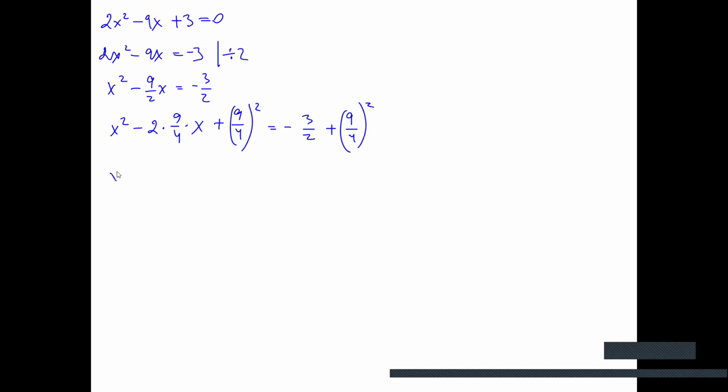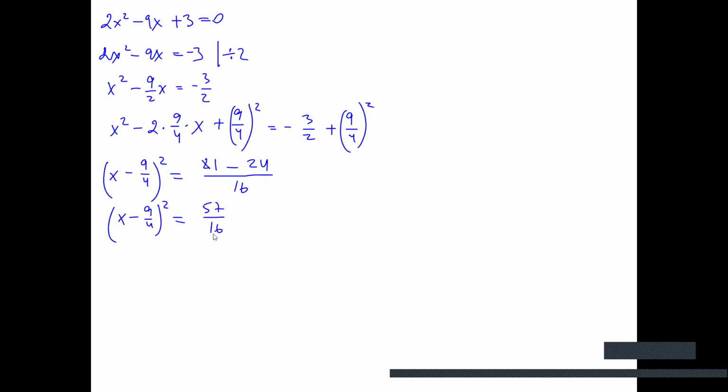Now what I have here, x minus 9 over 4 squared equals, and here I have 81 minus, what is it, 16? And 3 times 8 is what, 24? So x minus 9 over 4 squared equals, so I believe 57, right?